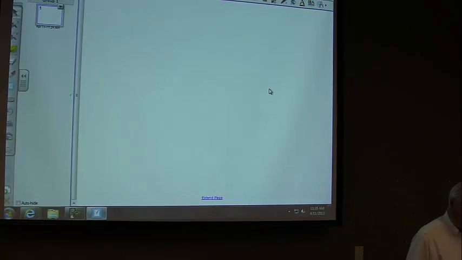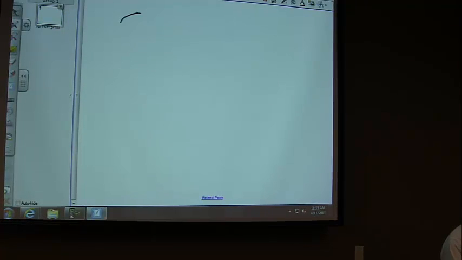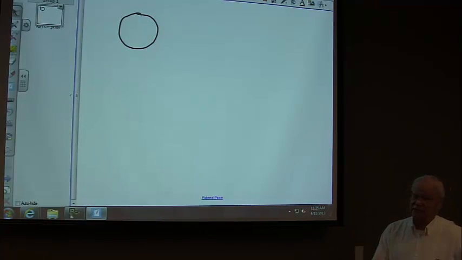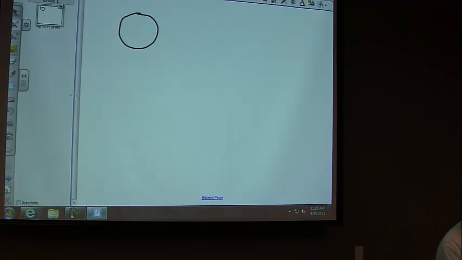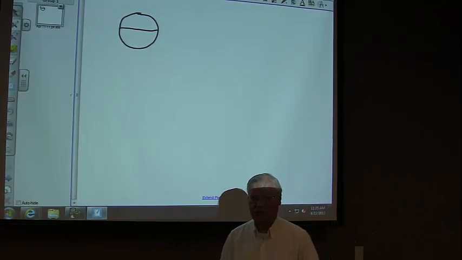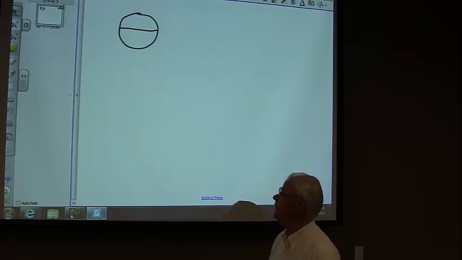If I were to draw a circle, and I'll call that our pizza pie. Now, if I cut that in half, I now have two approximately equal slices in that pie.